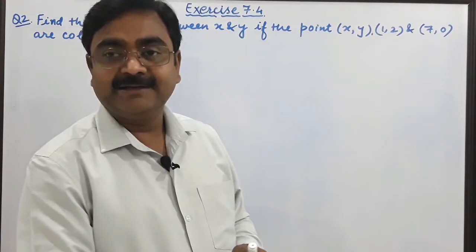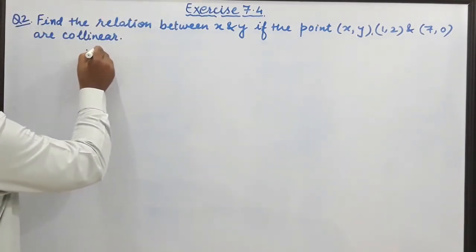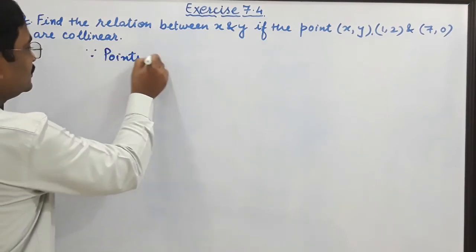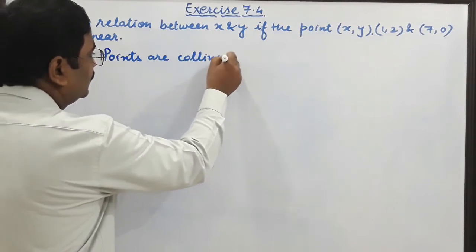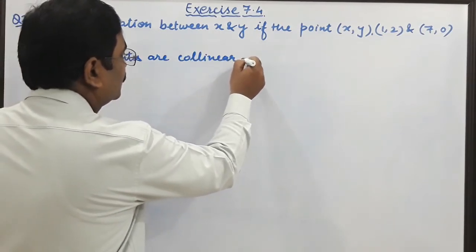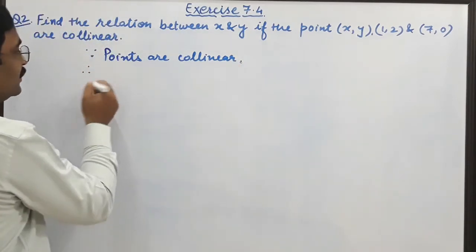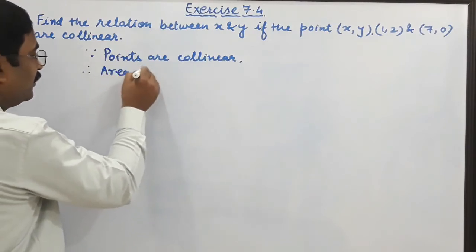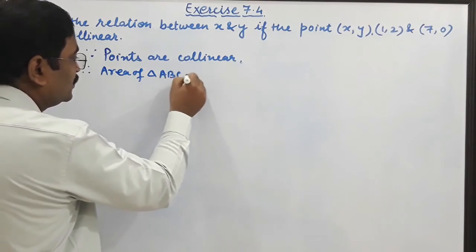This you keep in mind, right? Since points are collinear, therefore the area of triangle ABC will be equals to 0.